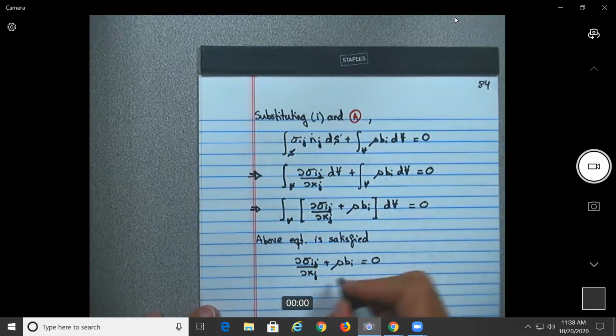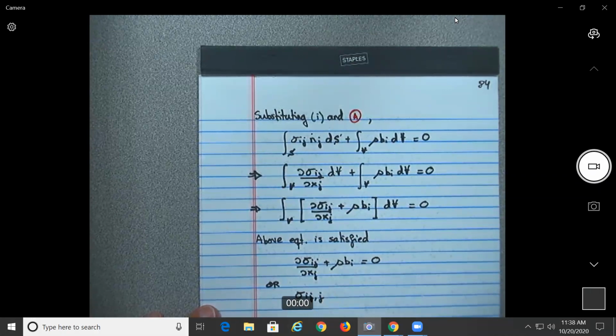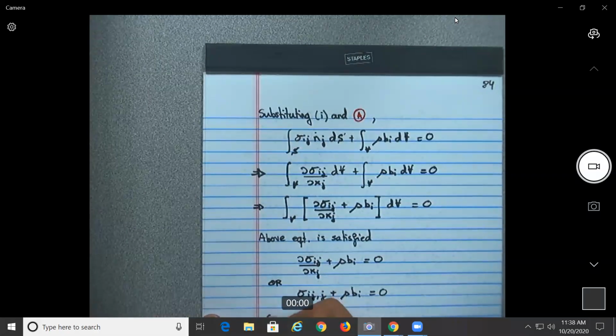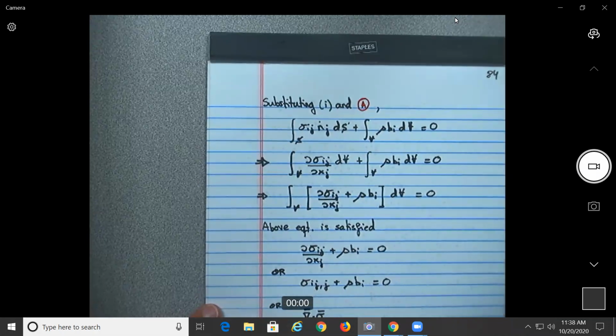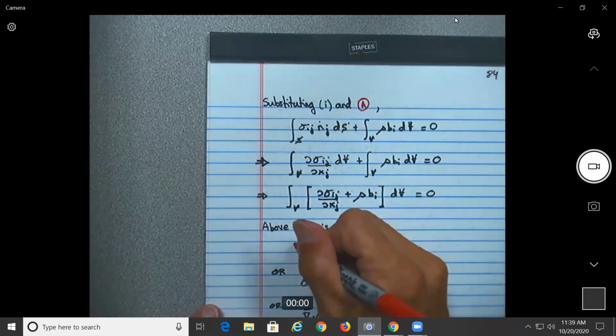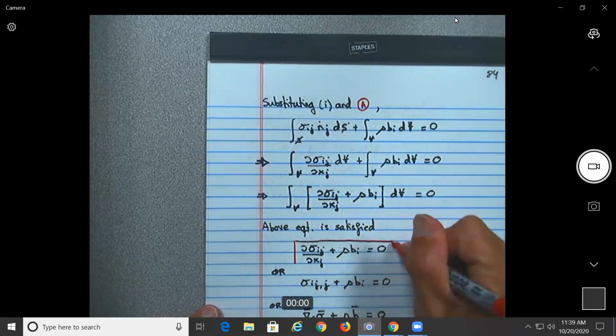Or you could write this one as sigma_ij,j plus rho b sub i equal to 0. Or if you want the more traditional notation, the del of the gradient plus rho b of the body forces equal to 0. So anyway, you can use either one you want. Personally, I think I will use the first one.